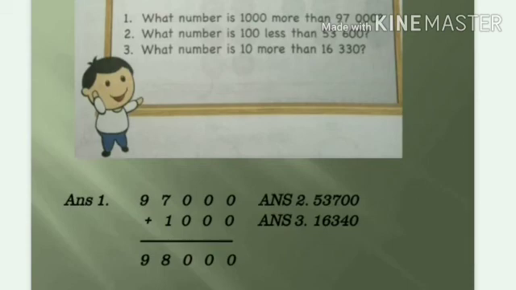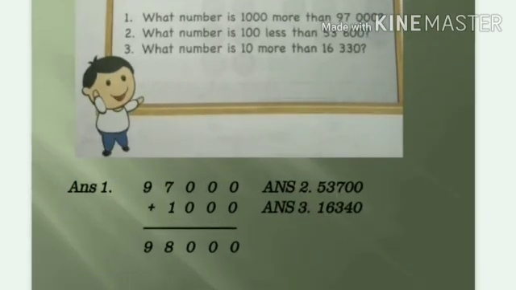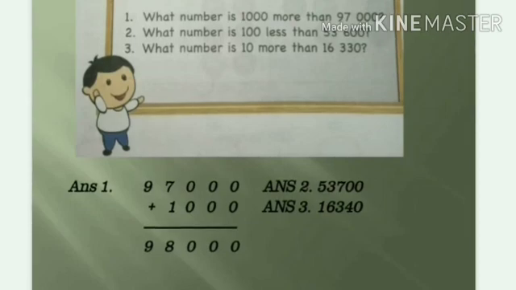Okay, in this slide we have 3 questions. We will do them by the direct method. First one: what number is 1000 more than 97,000? When you add 1000 to 97,000, you will get 98,000, right? The answer of the first question is 98,000. Next, what is the number 100 less than 53,600?